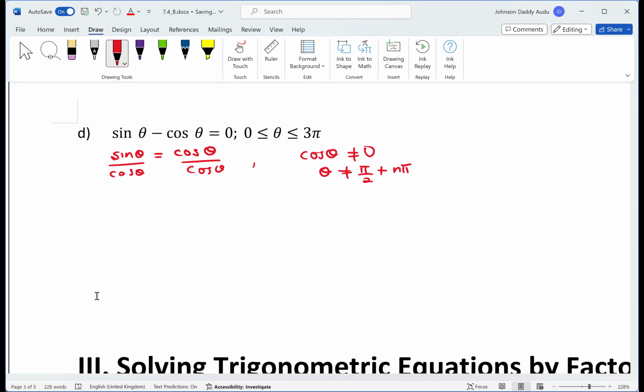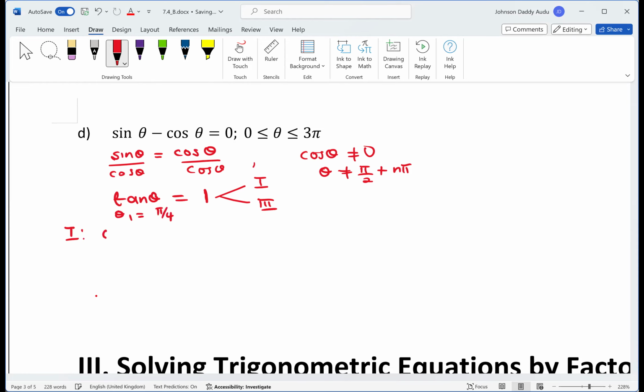So here, this becomes tan theta equals 1, right? Now, this is possible in which quadrant? In the first or in the third quadrant, because tan is positive. So first of all, let's find our reference. Theta 1 is going to be pi over 4, right?